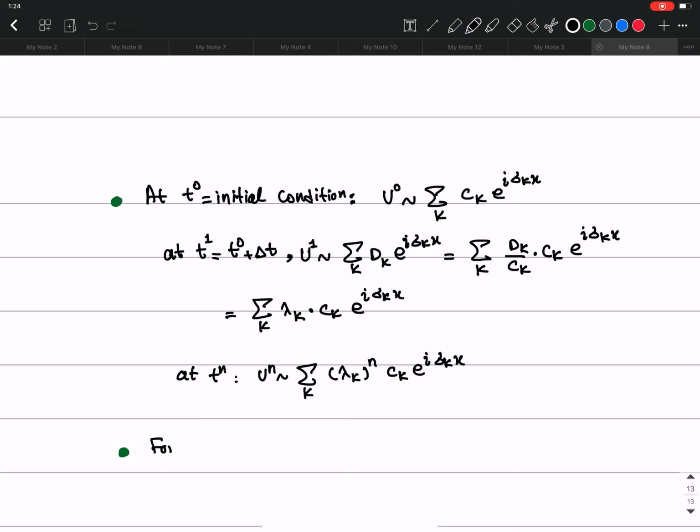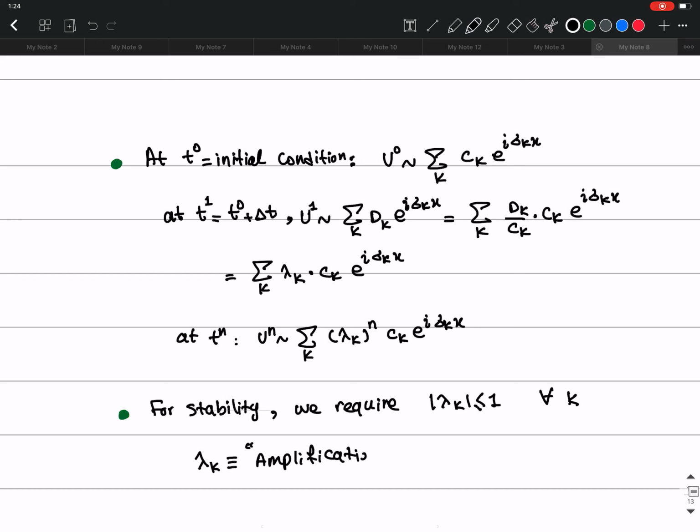And so for stability, we require lambda k to be smaller than or equal to 1, right? For all k. And lambda k is known as the amplification factor. So what I mean by that: look at this equation here.